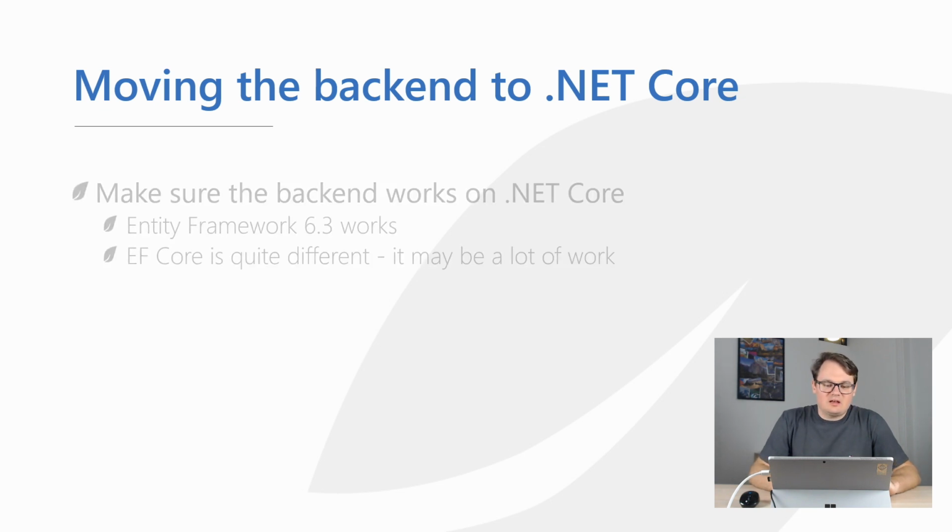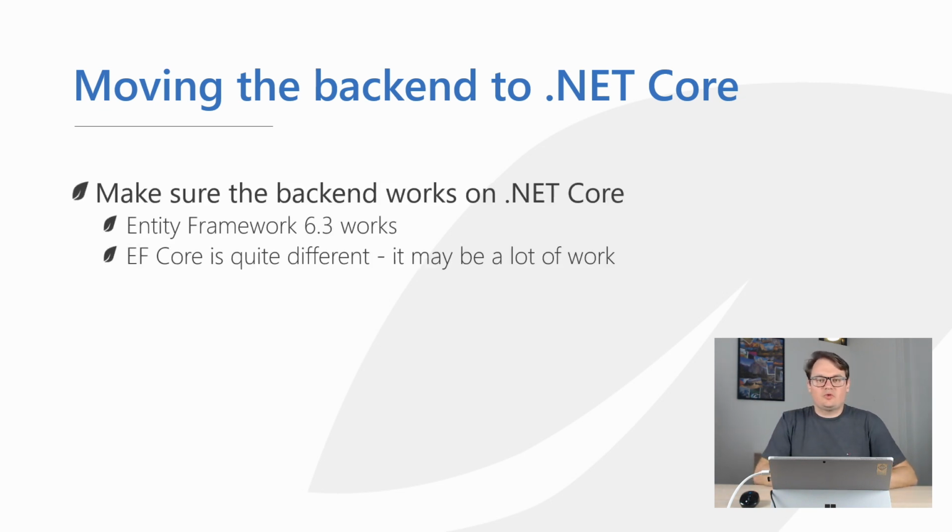And there can be some other things that can prevent you from the migration to .NET Core. If you are using Entity Framework, you need to upgrade it to Entity Framework 6.3, which is supported starting with .NET Core 3.0. If you think about replacing Entity Framework with Entity Framework Core, it is of course possible, but it can also be quite difficult, because EF Core was rewritten from scratch basically, and it is somewhat similar, but the internal implementation is very different.